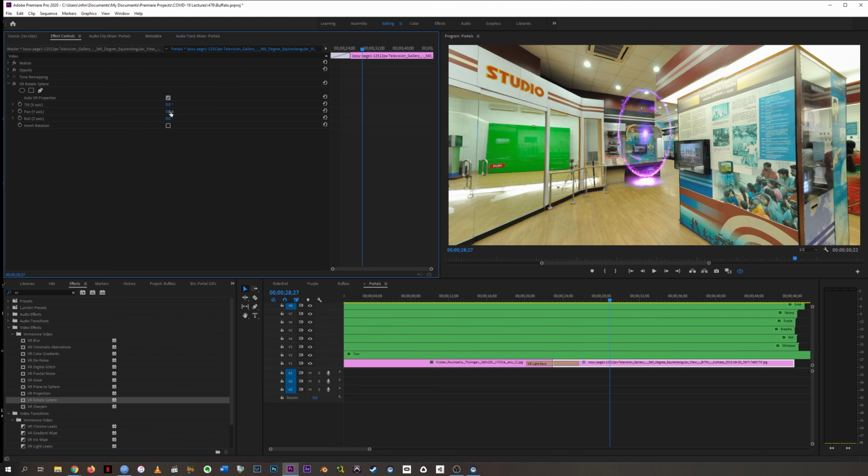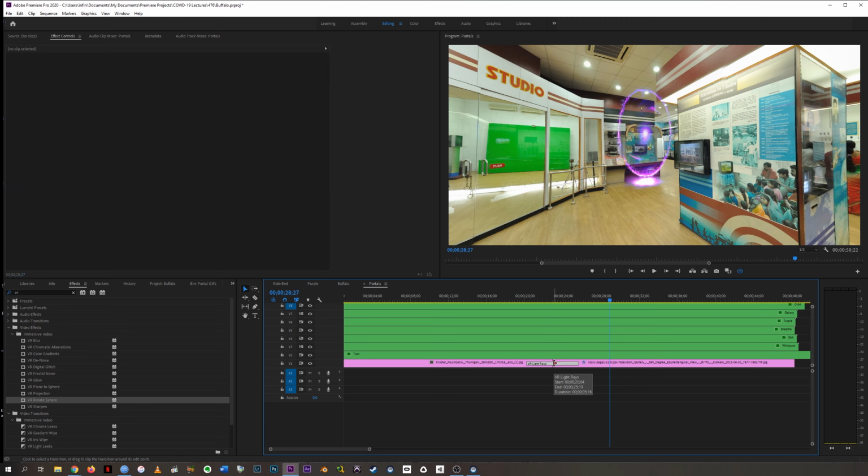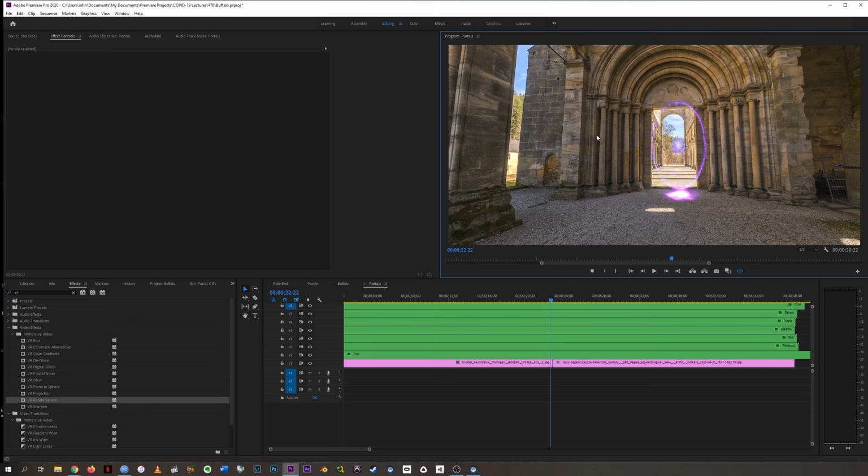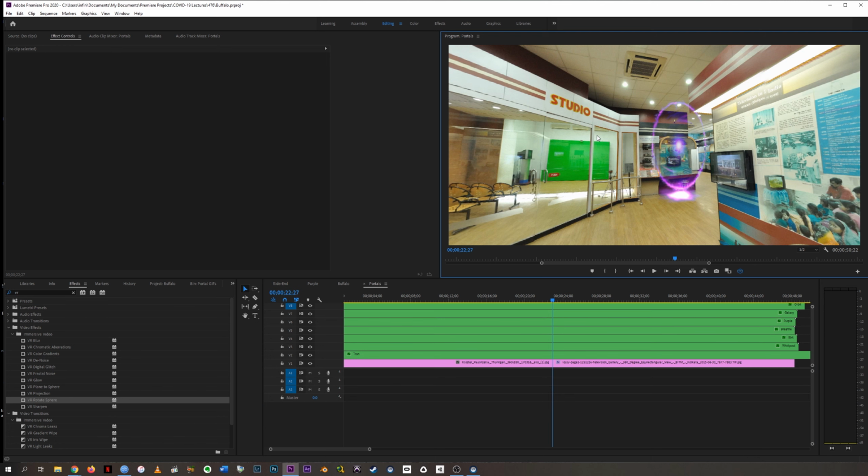When people are good 360 editors, just like good classic continuity editors in flat movies, you don't know they were there, but they get you to look in exactly the right place at the moment of the cut. So if for a moment we ditch this light rays thing, because all it's doing is bogging down my computer and looking tacky, we have a hard transition between this ancient space and this more contemporary space.